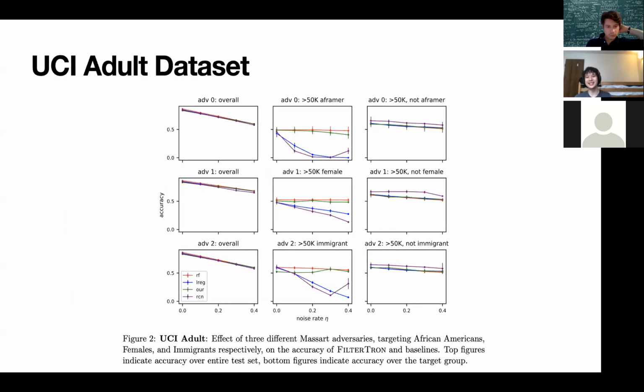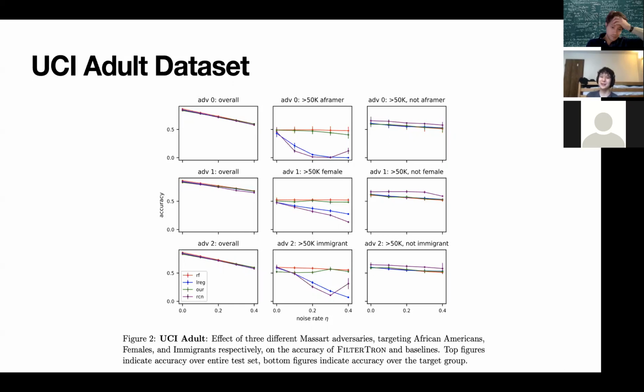When we do this experiment, this blue curve here is logistic regression, and the green curve is the algorithm we proposed for properly learning Massart half-spaces, so it's this slab-based algorithm. What we see is that all of these algorithms have a similar overall accuracy, but as you inject noise outside of the target group, for logistic regression, the accuracy in the target group just totally plummets.